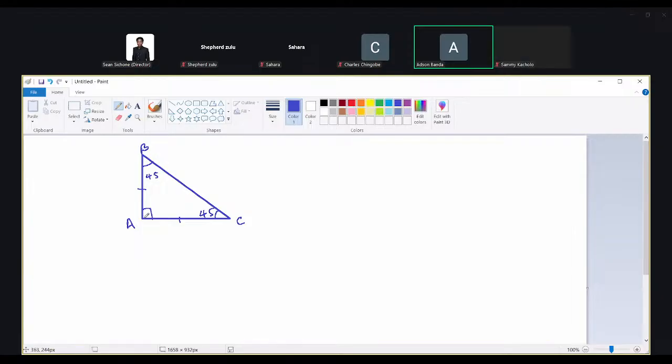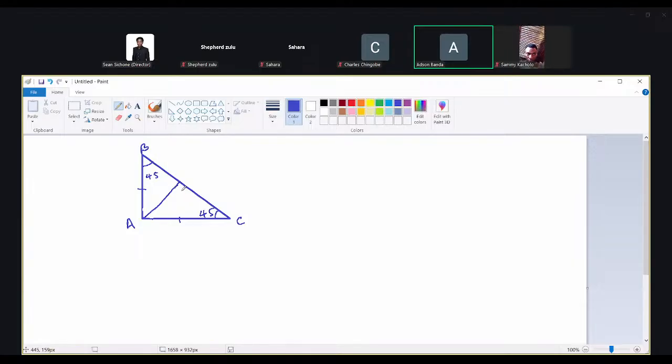Again, we will bisect. We want to bisect this angle here. We cut it into two and draw a perpendicular to that line there.